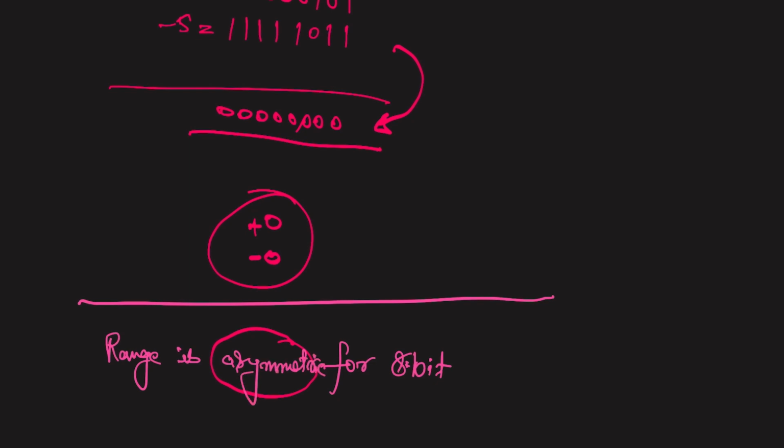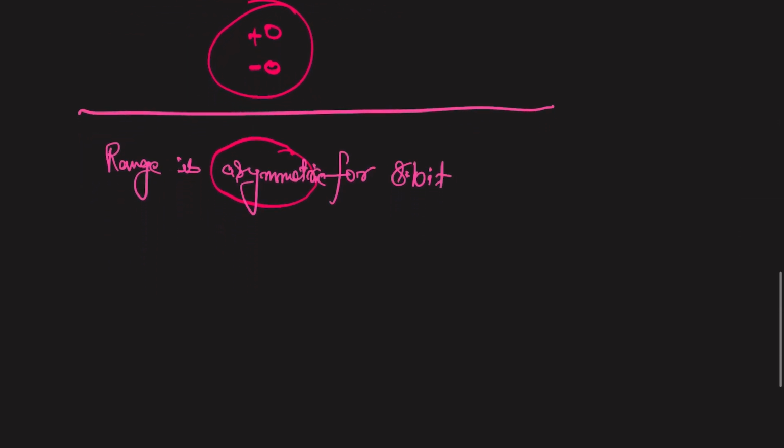Let me tell you what a symmetric range is and what an asymmetric range is. First, the symmetric range. If a number system had equal negative and positive limits, it would be symmetric.